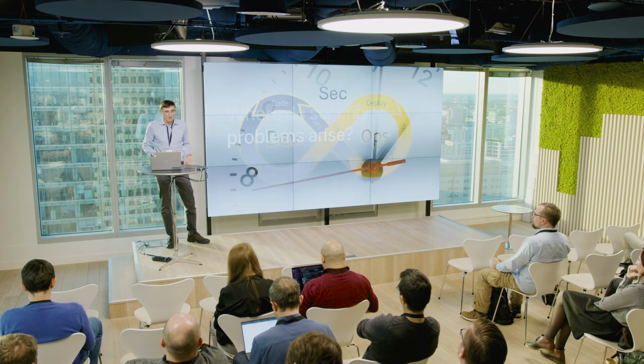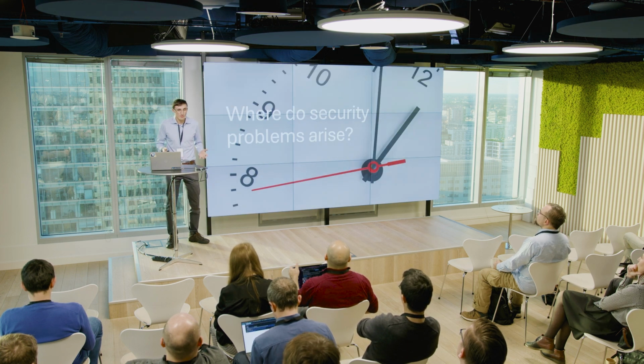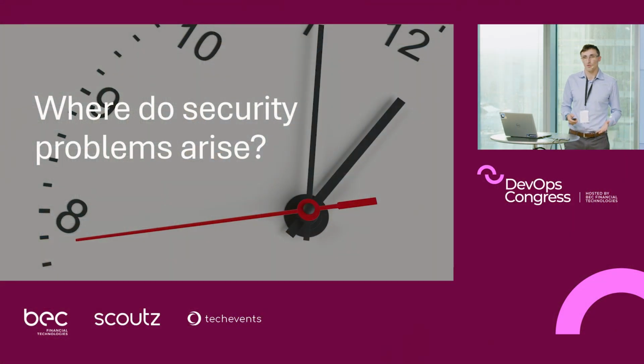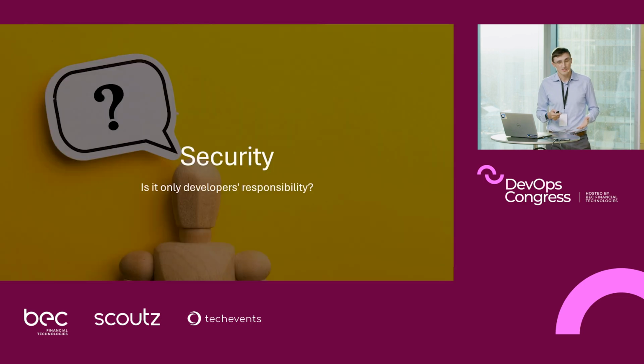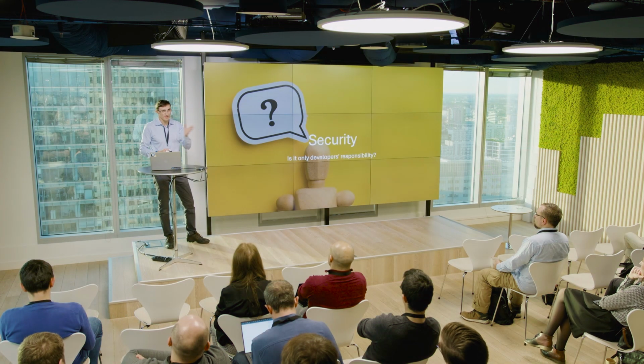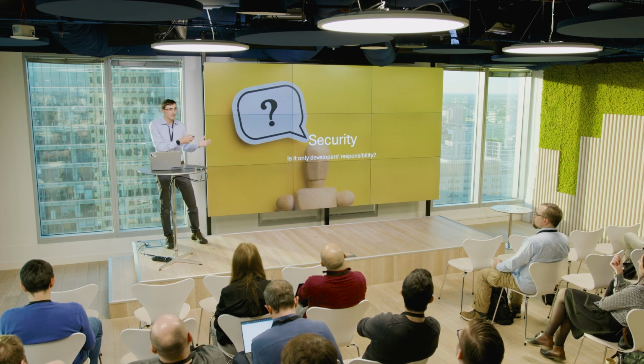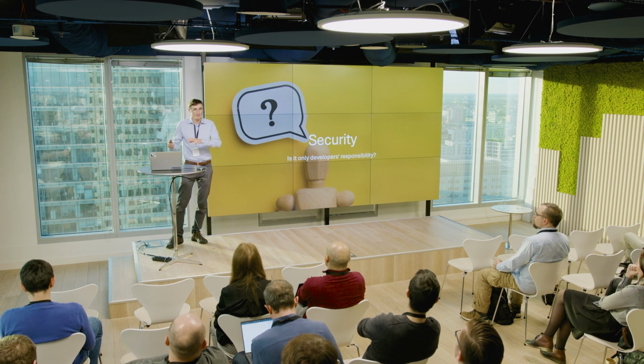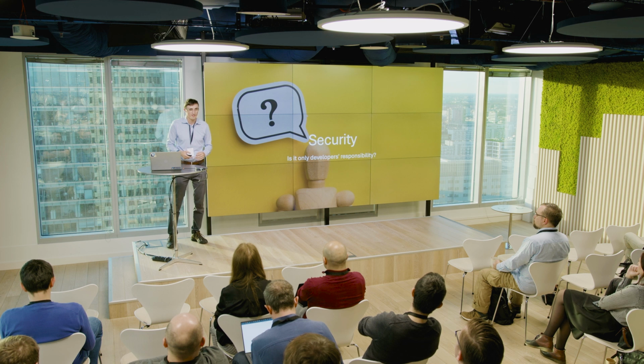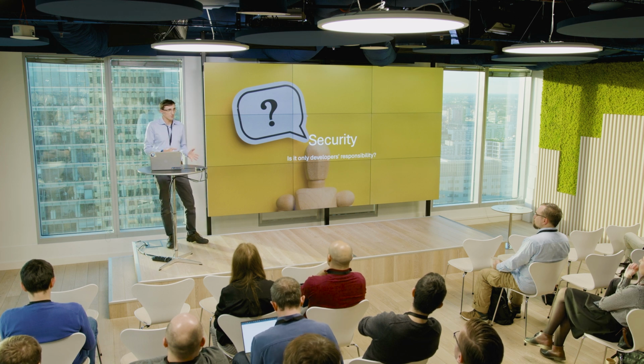So the next question: where do security problems arise in this development process? We could think that usually the security problems arise during development in this DevOps cycle, because development is usually the most complex one in this whole SDLC. But is it true?